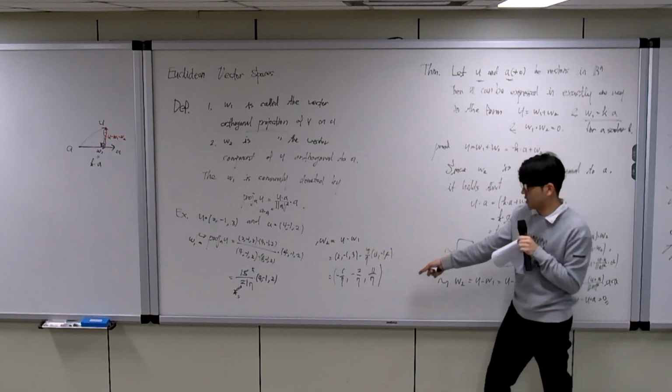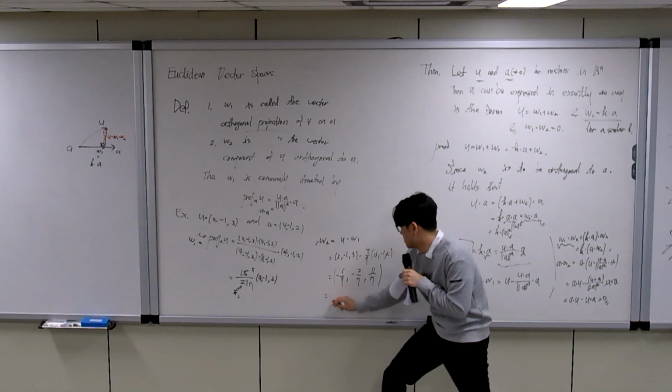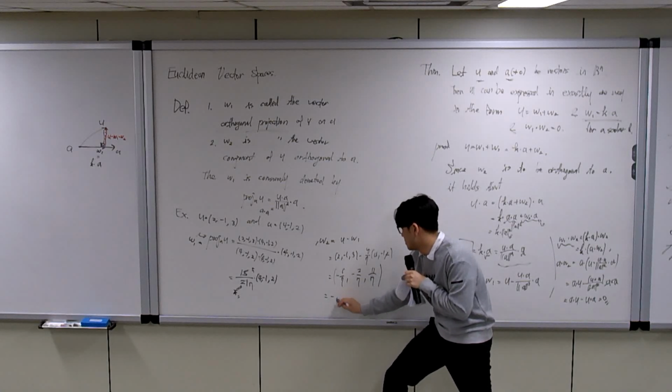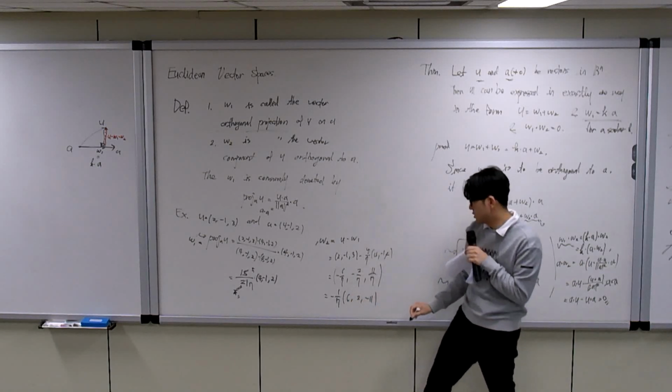If you calculate it, you will get the orthogonality of the two vectors, w1 and w2.